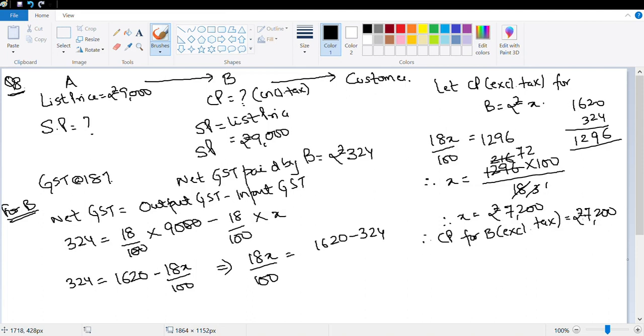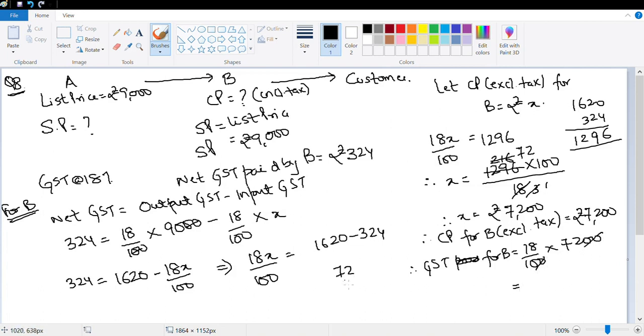Let's see what the question wants me to calculate. Question says find the amount inclusive of GST paid by dealer B. Okay, so let's calculate GST paid by dealer B. Therefore GST for B will be 18% of the cost price, which is 7200. That's 18 into 72.